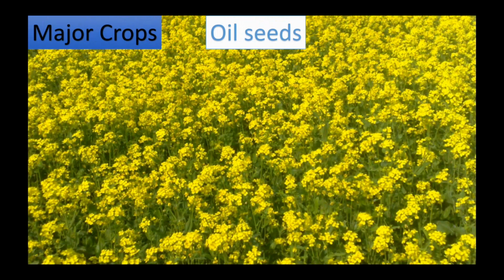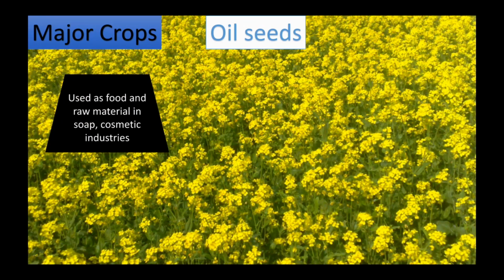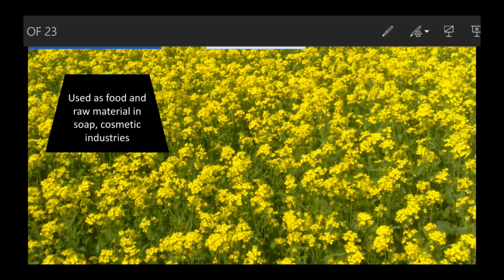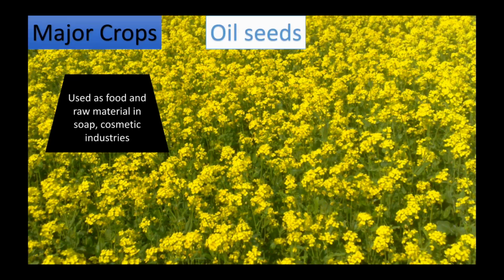Well, dear children, now let's move to oilseeds. Our country is the largest producer of oilseed in the world. It is used as food and as raw material in soap and cosmetic industries.